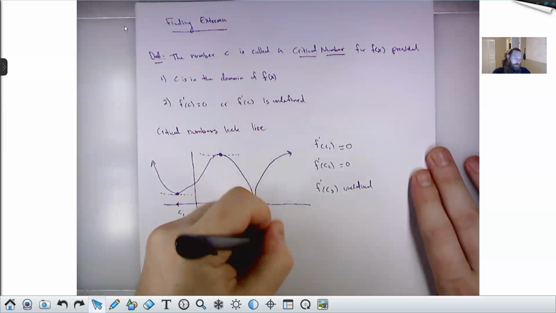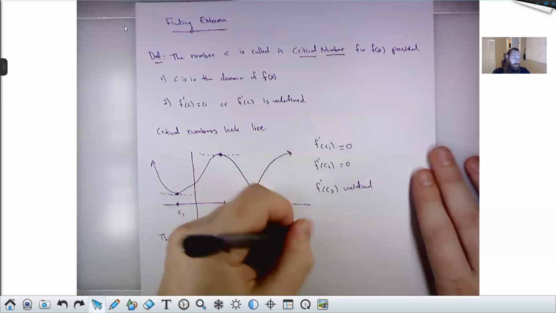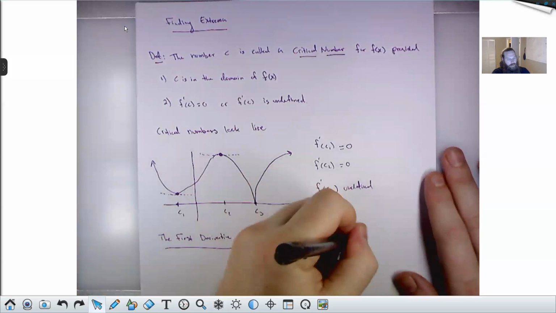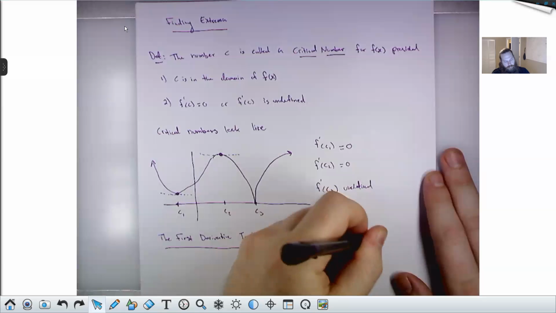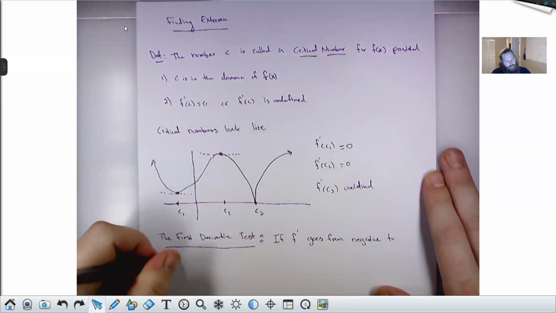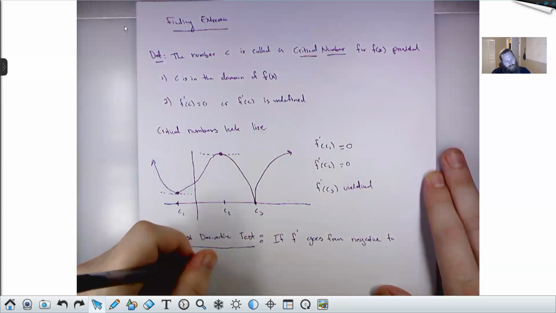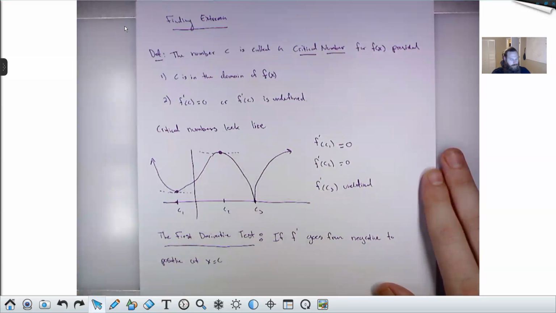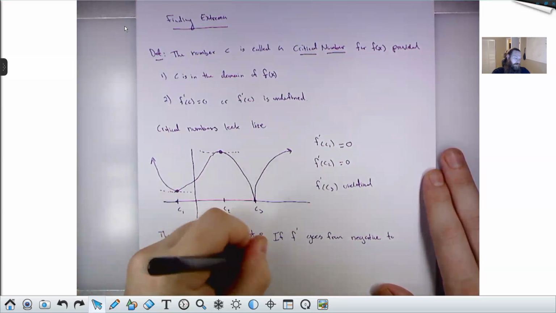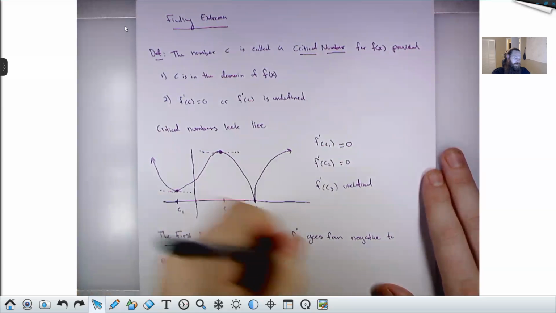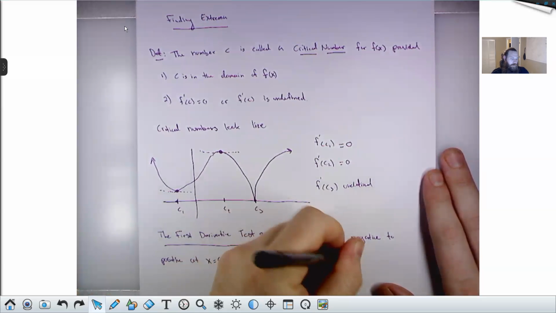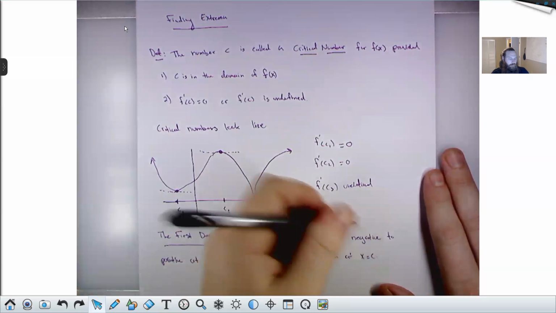This says if f prime goes from negative to positive at x equals c, where c is a critical number, then f of x has a local min at x equals c.